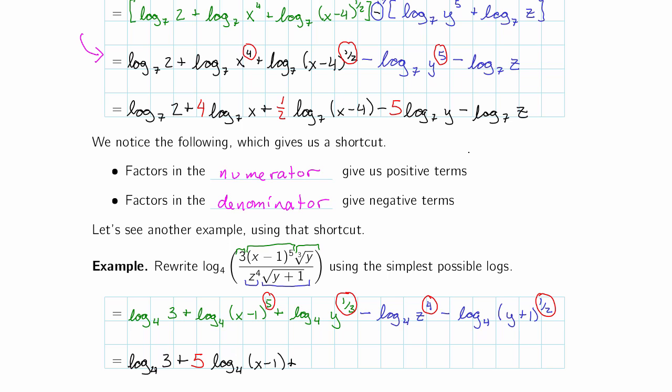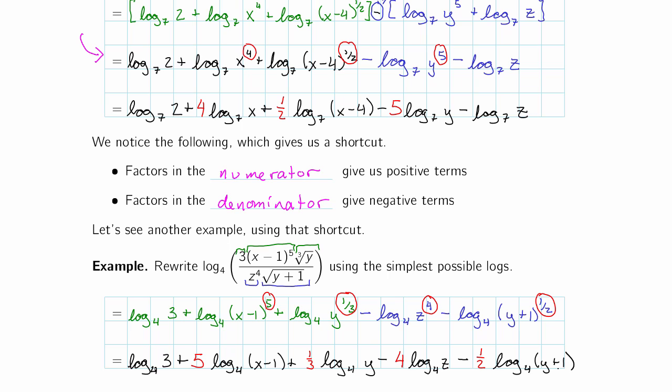The log of y to the 1/3 is going to become 1/3 times the log of y. The log of z to the 4th is going to become 4 times the log of z. And then the log of y plus 1 to the 1/2 is going to become 1/2 of the log of y plus 1. And there we go.